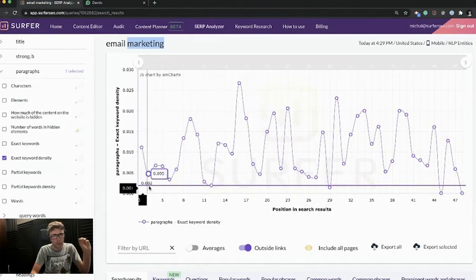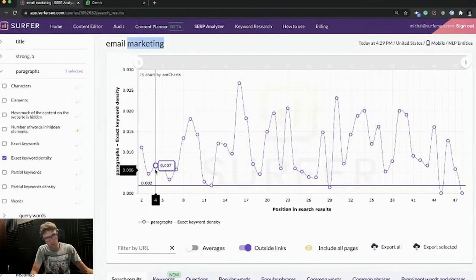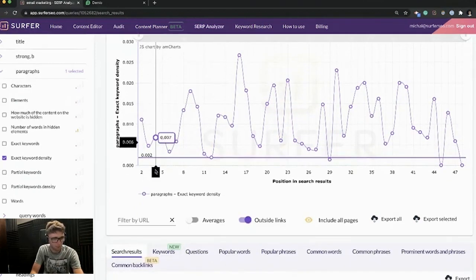We use it only twice per 1,000 words in paragraphs, while they use it 11 times. So we have 5 times lower density compared to page number 1, and 3.5 times smaller density compared to the page ranking number 4, which is OptiMonster and Neil Patel.